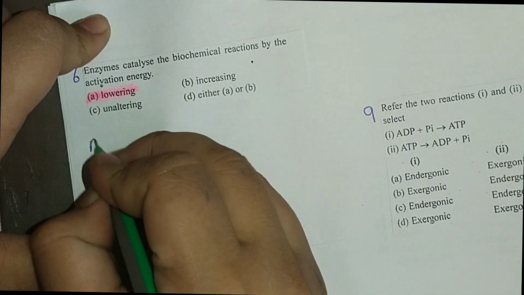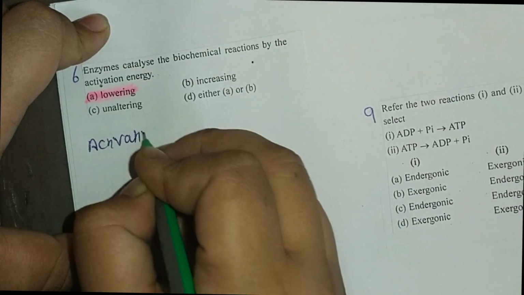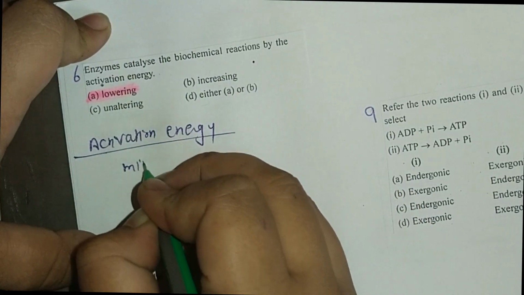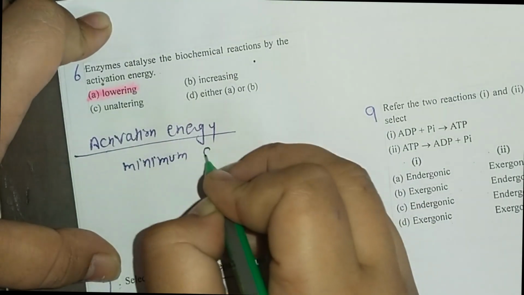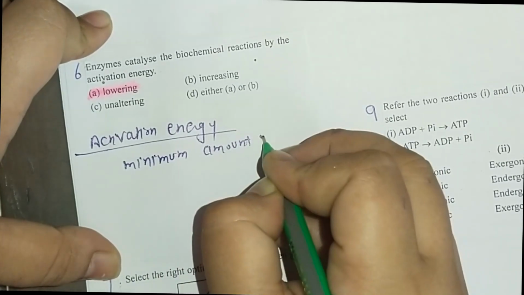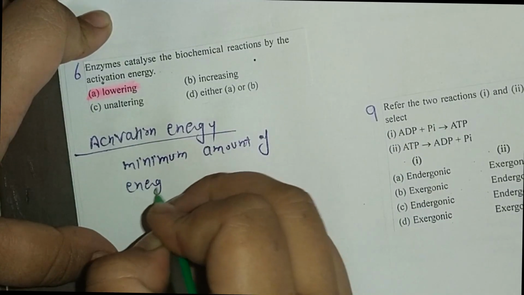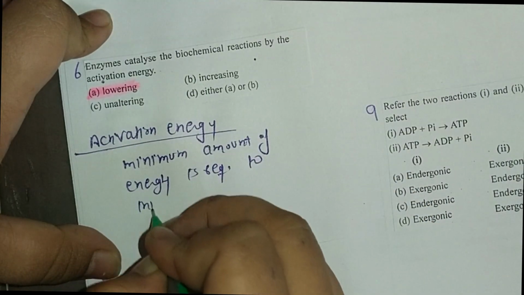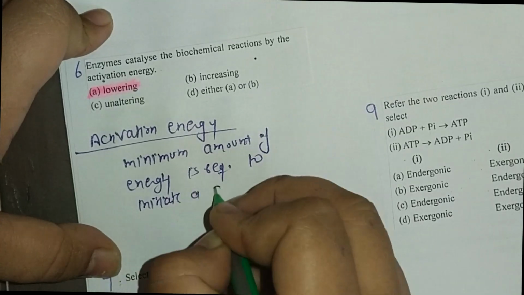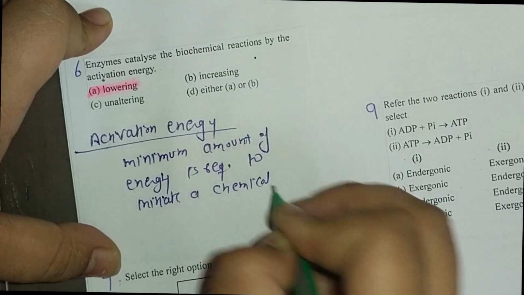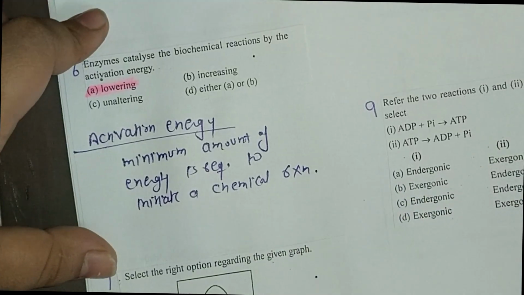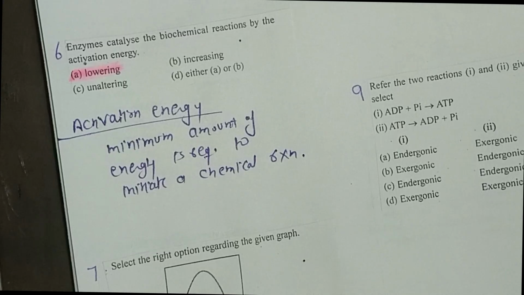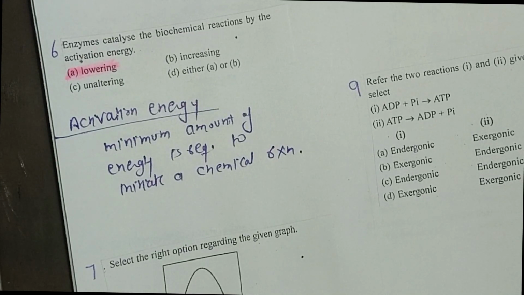Activation energy is the minimum amount of energy required to initiate a chemical reaction. So enzymes catalyze biochemical reactions by lowering the activation energy.